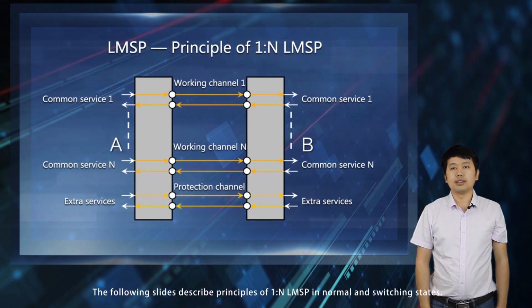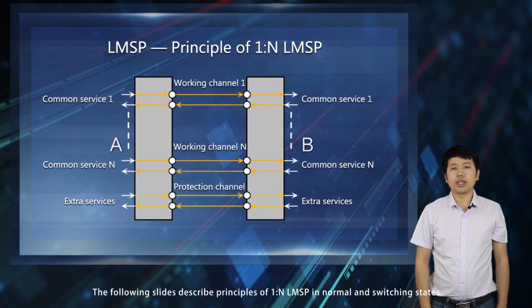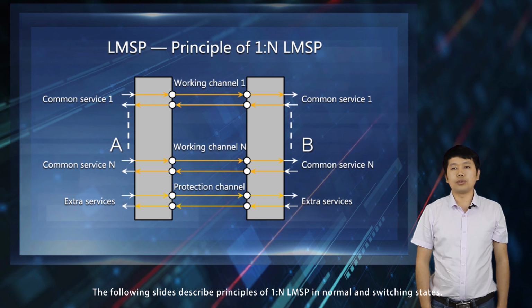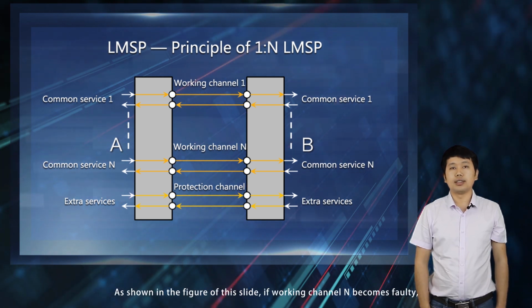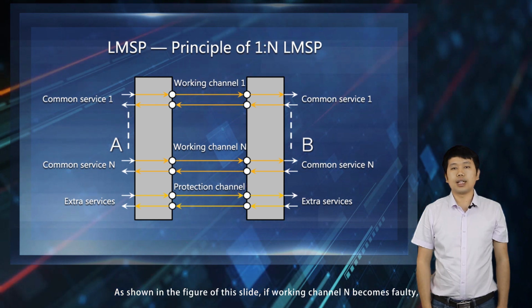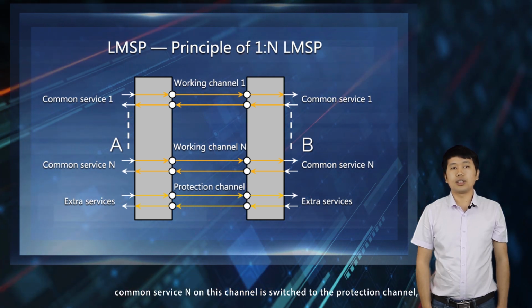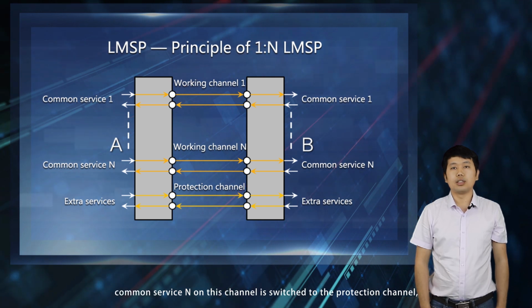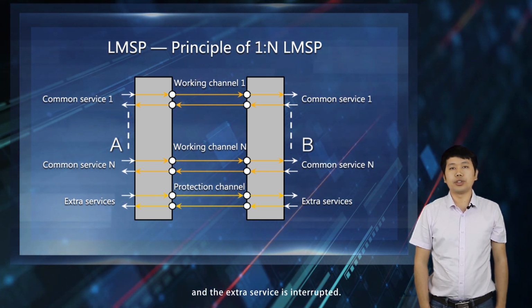The following slides describe principles of 1 to N LMSP in normal and switching states. As shown in the figure of this slide, if working channel N becomes faulty, common service N on this channel is switched to the protection channel, and the extra service is interrupted.